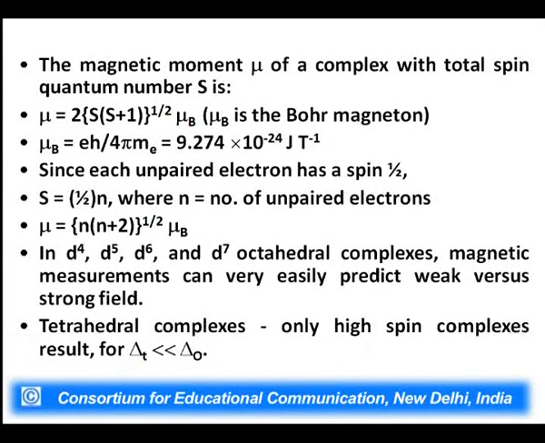Once you measure the magnetic susceptibility experimentally, you can convert it into the magnetic moment value, and knowing the magnetic moment value and the spin state, it will help us to understand the distribution of electrons into the t2g and the eg set of orbitals.